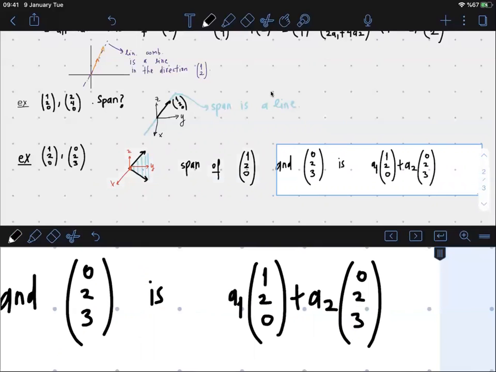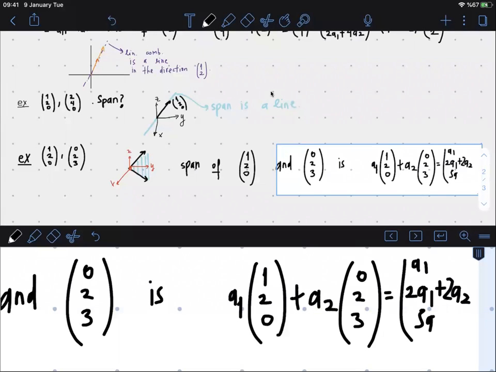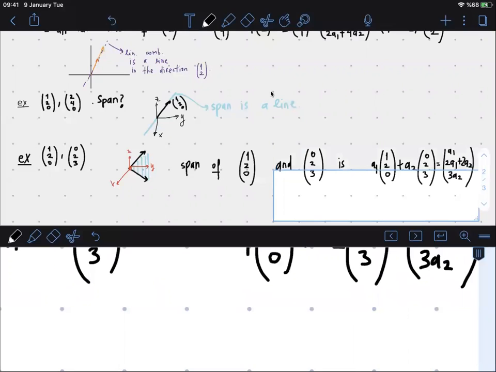So these are the vectors like a1, 2a1 plus 2a2, 3a2. Okay, so the span is the whole set, all the vectors of this form.